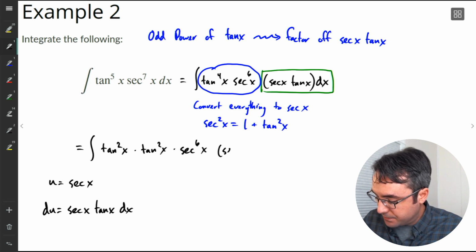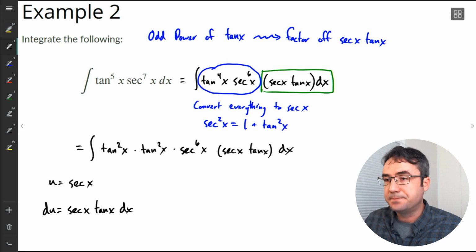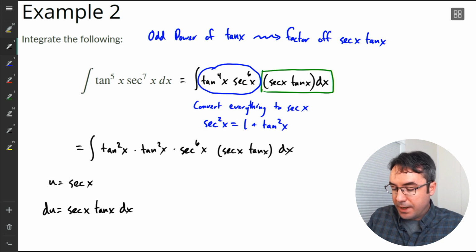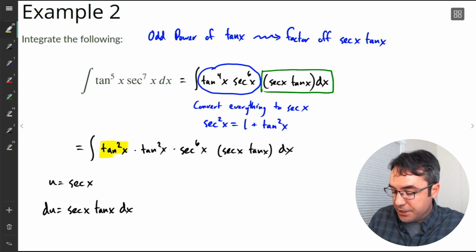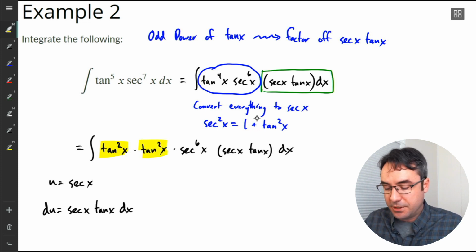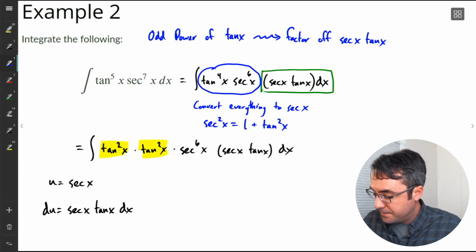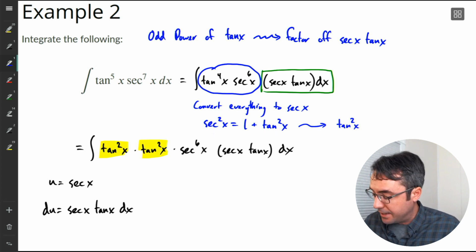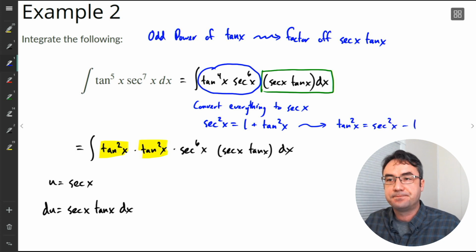And then we're also good with the secant x times tangent x next to our differential. What we want to do is go through and convert each of these tangent squareds using that trig identity. So let's rewrite that trig identity where we've solved for tangent squared. If we solve for it here, we just subtract 1, move the 1 to the other side. So this is going to be secant squared x minus 1.